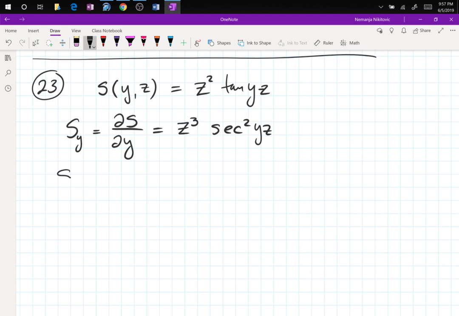Here is the dreaded Sz, the partial derivative of S with respect to z. Why is this one dreaded? Product rule. You have a function z squared times another function that contains z, so we need the product rule.